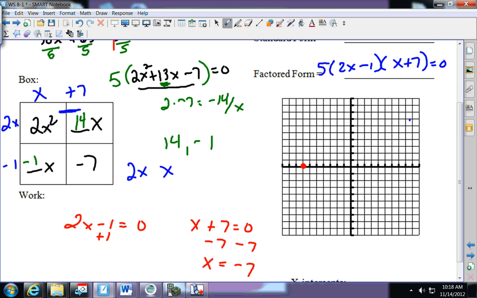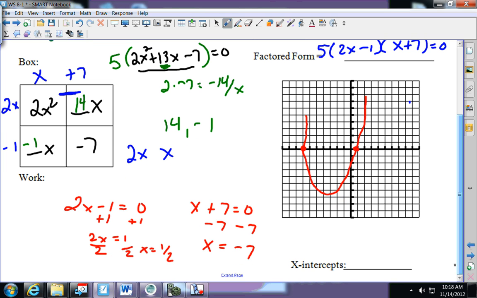Add 1 to each side. 2x equals 1. Divide by 2. x equals 1/2. And there's my parabola. Well, probably is a little longer than that, but that's okay. My x-intercepts would be 1/2 and 0 and negative 7 and 0.